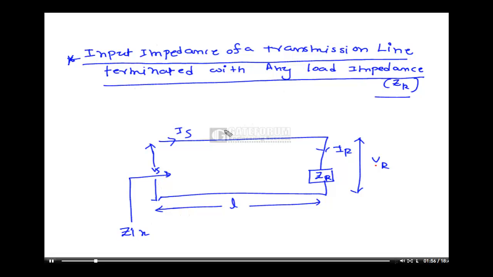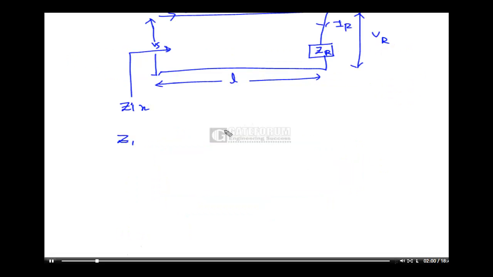Now I am going for the Zin value. Zin is given by, and one important thing is Z0, the characteristic impedance of the line. Characteristic impedance is one of the properties of the line. Generally for any transmission line they will mention the characteristic impedance.